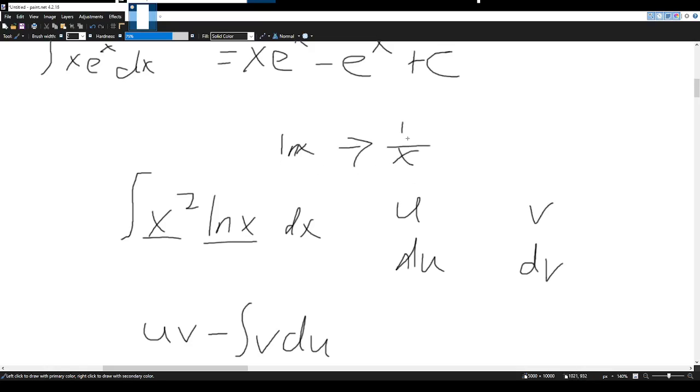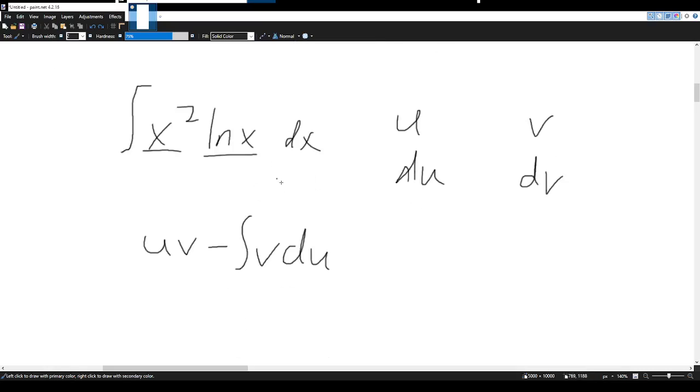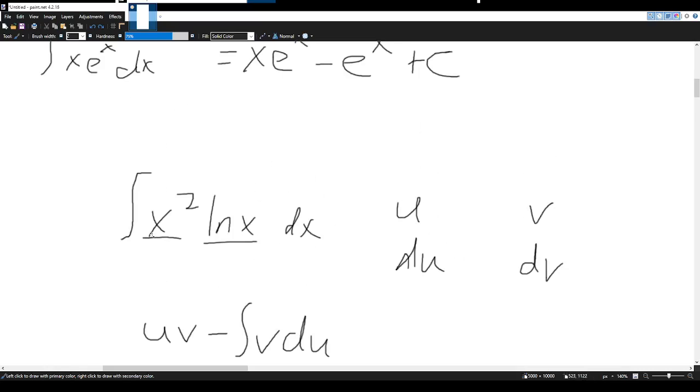I believe this is differentiating. Integrating this, I think is not as easy, if I remember correctly. So we could differentiate either of them, but let's see. Can we integrate? Which one can we integrate? Well, let's see. Yes, the natural log of x is harder to integrate.